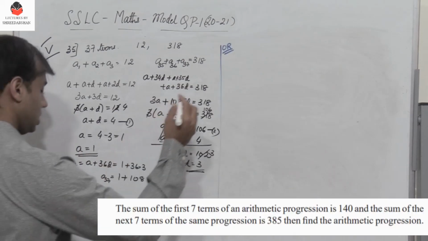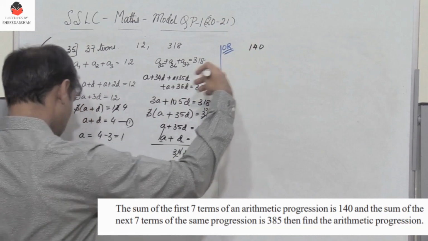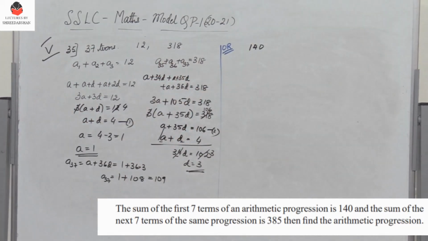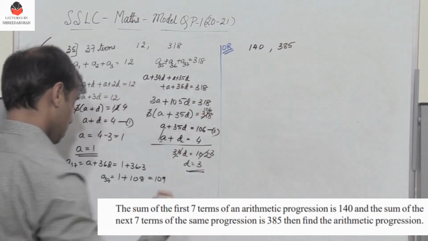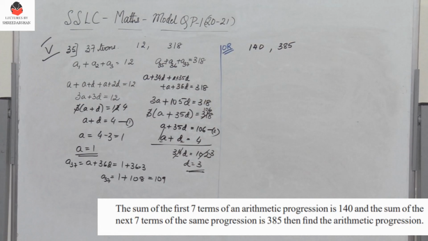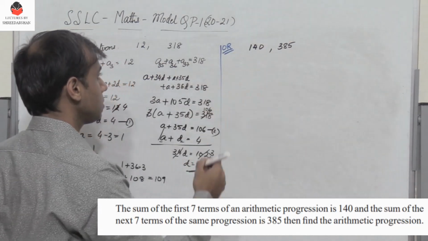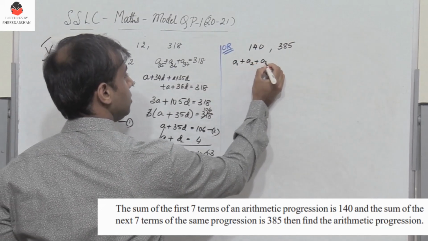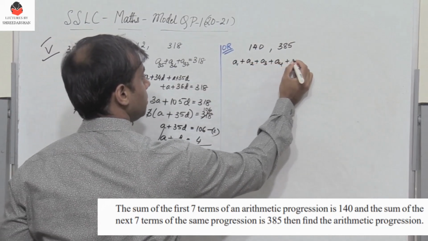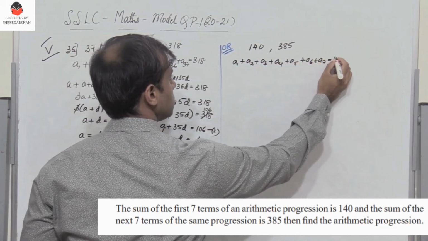Or I have another problem. The sum of the first 7 terms of an AP is 140 and the sum of the next 7 terms of the same arithmetic progression is 385. So we need to find the arithmetic progression. So the sum of the first 7: a1 plus a2 plus a3 plus a4 plus a5 plus a6 plus a7 equals 140.